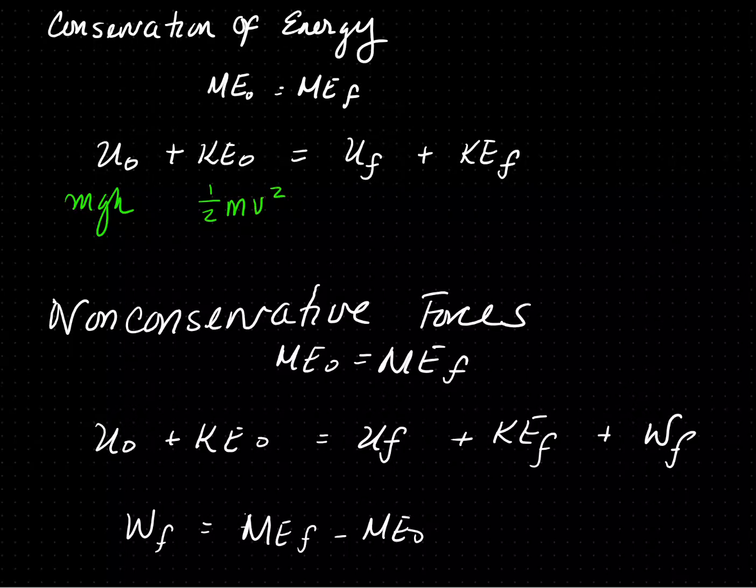And we could have final kinetic and final potential. When we have rotational motion, we can also have kinetic energy from rotation. This is equal to 1/2 I, where I is the moment of inertia, times omega squared, which is angular velocity squared.